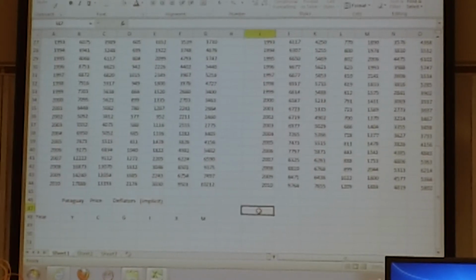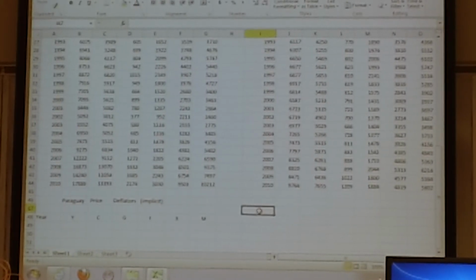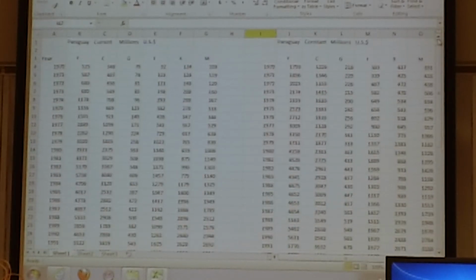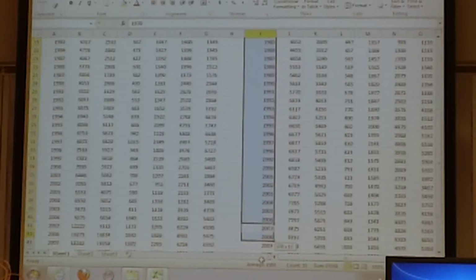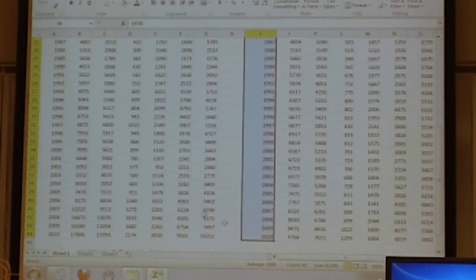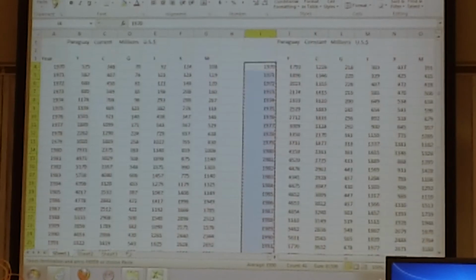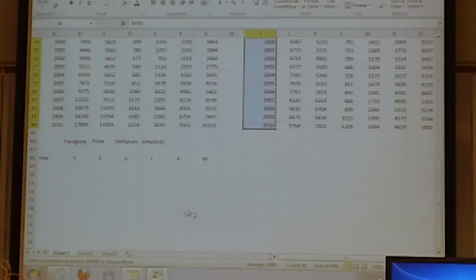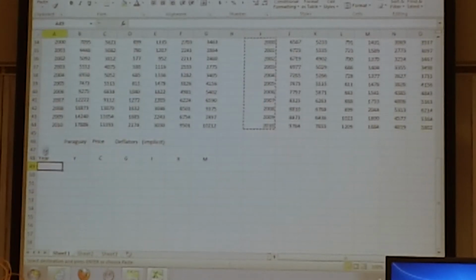Does anybody know the difference between implicit and explicit? I guess not. Implicit means that they got to be consistent with the data that we have already.